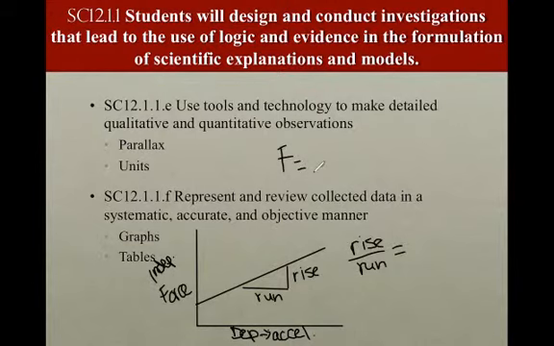F equals mass times acceleration. So if we have force and acceleration, they're directly related. As force goes up, acceleration goes up. There's a constant here, and that's what the slope is. The slope is equal to that constant, and so our slope would be equal to the mass.